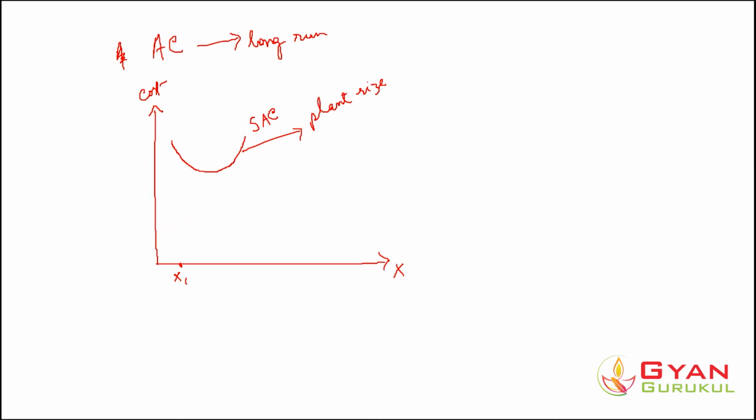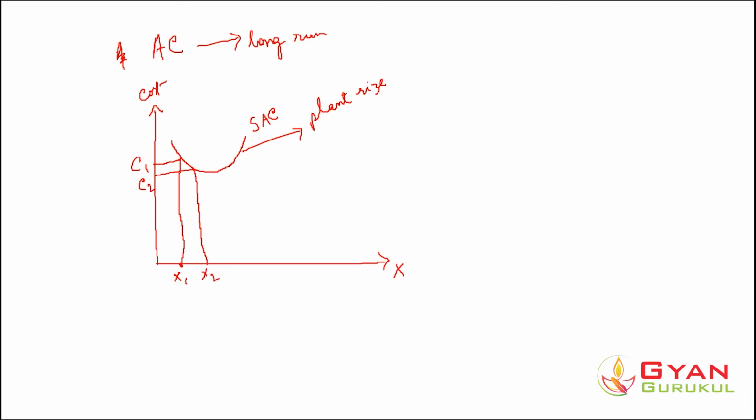In this case the amount of cost would be somewhat here. Let me draw a straight line. This is not a straight line, but assume it is, and this is the cost, say C1, right? Now as we move towards the right side, as we produce further, say up to X2, the cost has decreased from C1 to C2.